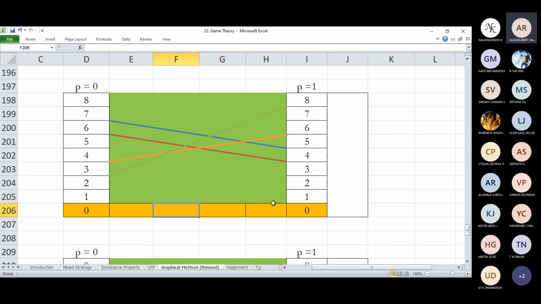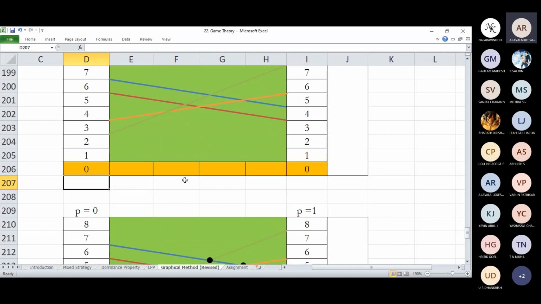So this entire region is the maximization region, and we don't have anything called a minimization region. That's one of the tricky parts here. The minimization region will be somewhere here.